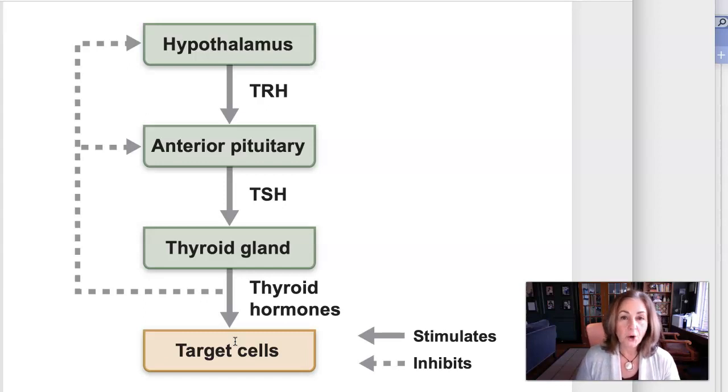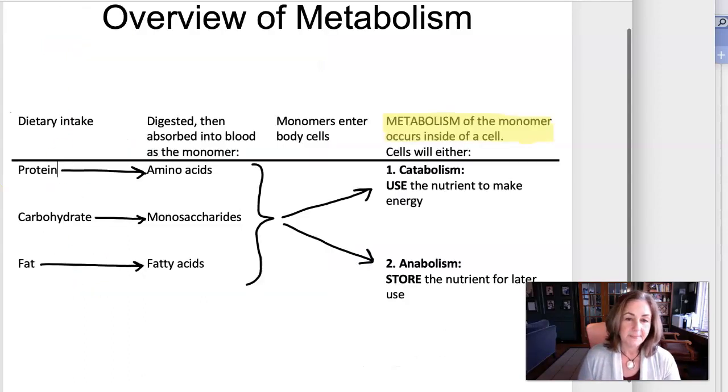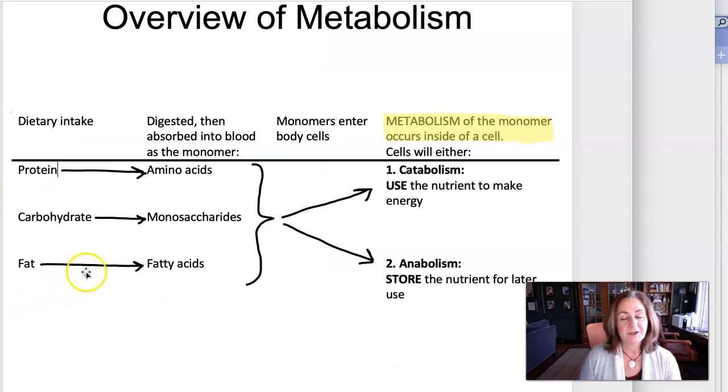And in doing so, that's going to produce heat. And as that temperature goes up, it's going to negatively feedback on the hypothalamus and the anterior pituitary, and so that upregulation backs off.